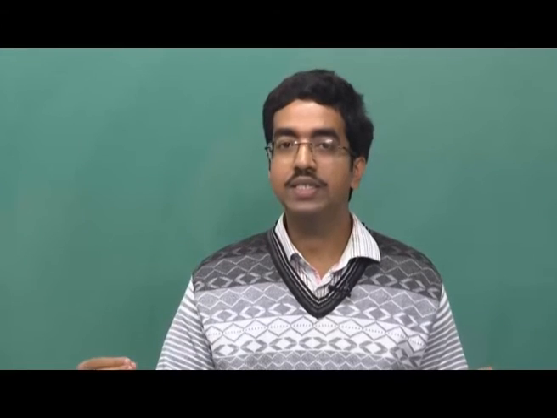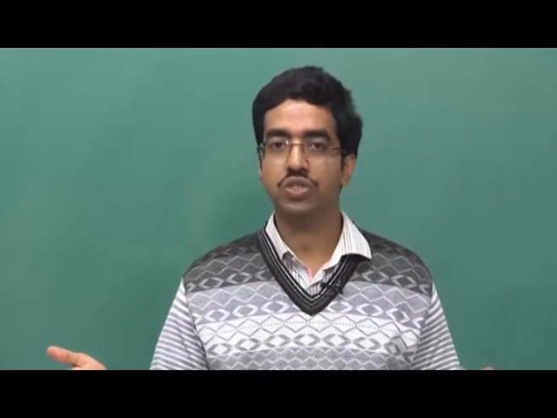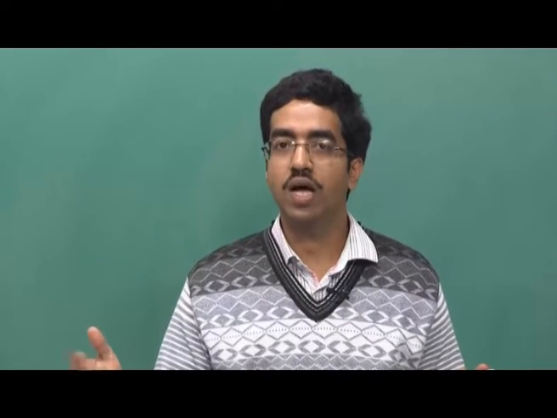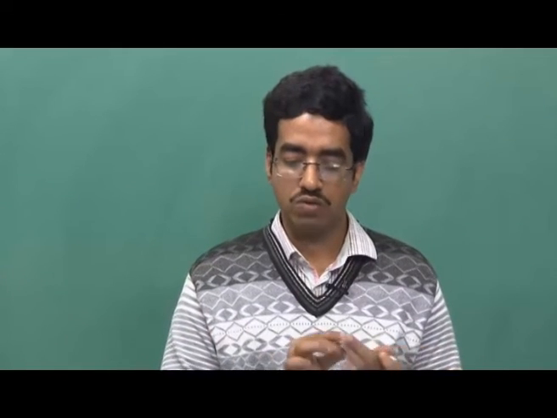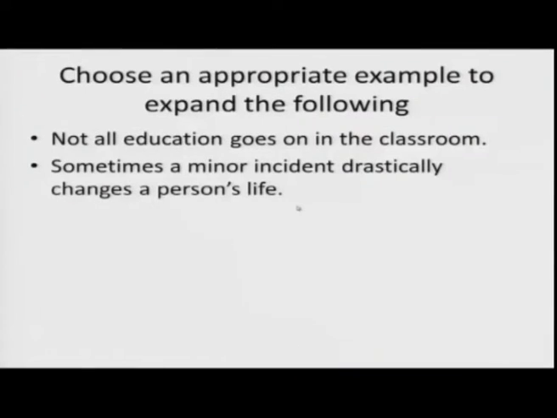For example, Mahatma Gandhi, when he was very young, once attempted to steal something, then he felt guilty, he wrote to his father about it, his father was upset, but finally his father forgave him, and that changed young Gandhi's attitude and outlook. So, how a minor incident can drastically change a person's life. So, choosing an appropriate example is very important.